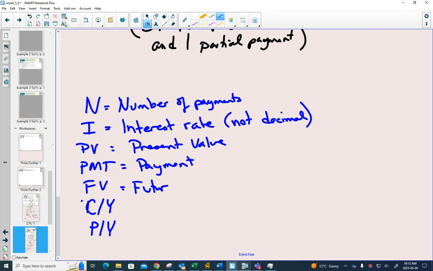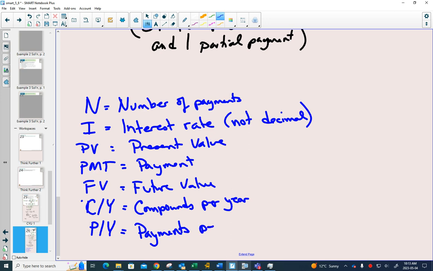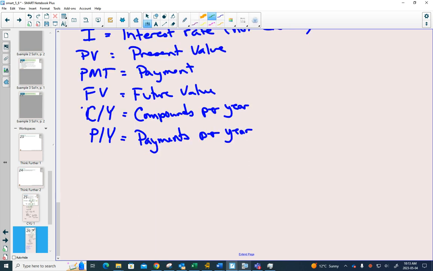FV is the future value. CY is compounds per year, and PY is payments per year.